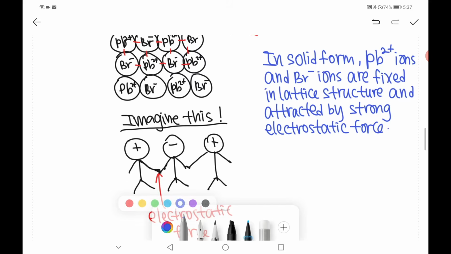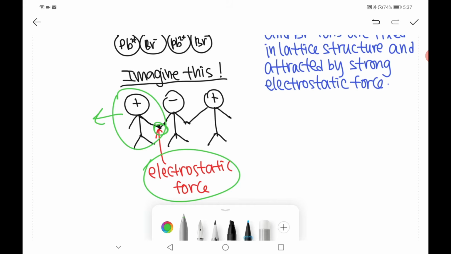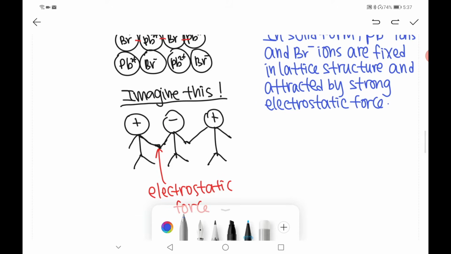You see this guy wants to move, but cannot move. Why? The electrostatic force is holding it. When this guy wants to move, this guy is pulling the hand. Everyone pulls their hand together, so no one can move. No one can move means you have no free moving ions. So the ions cannot move freely.